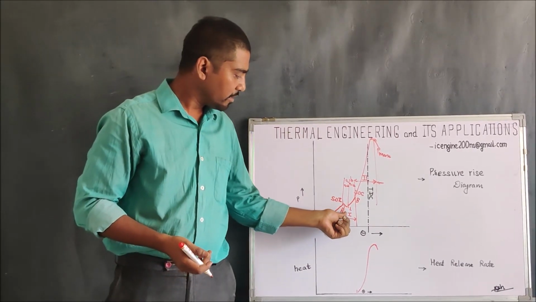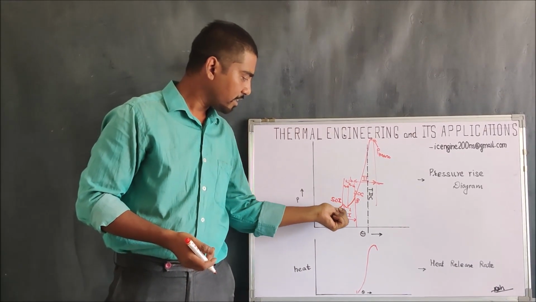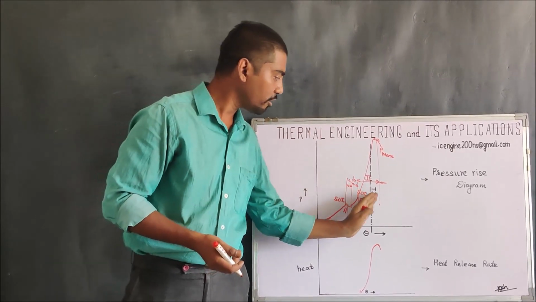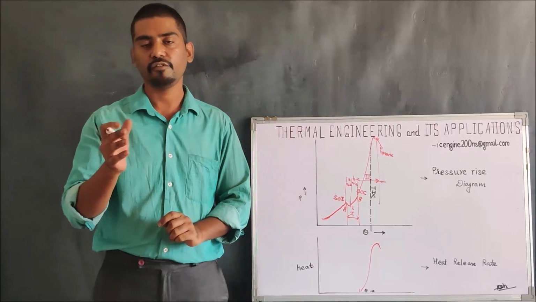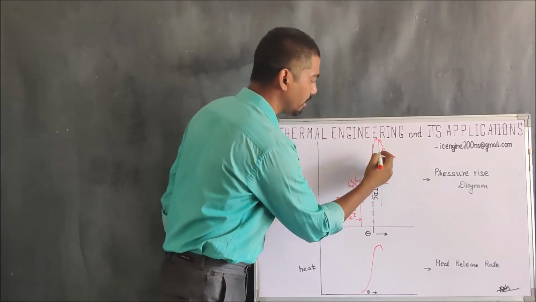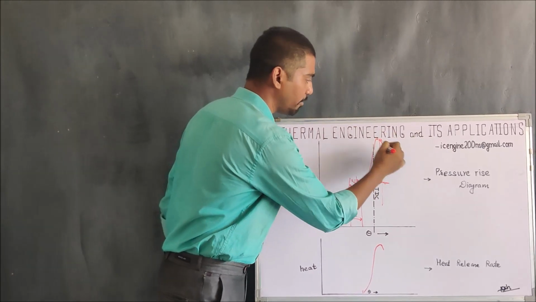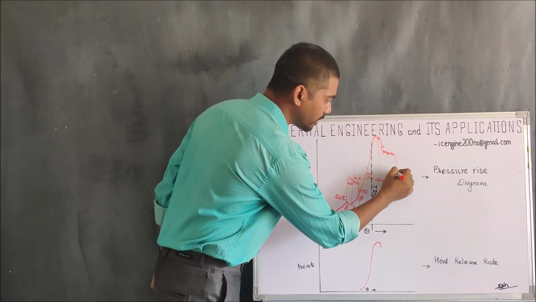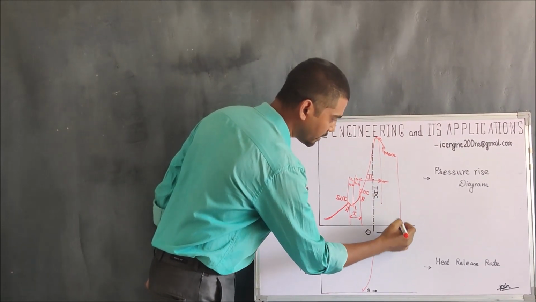Now in the CI engine, as we have already stated, A is the point where start of injection takes place, but we have not ended the fuel injection yet. This fuel injection is still continuing even after this pre-flame reaction. Somewhere over here the fuel injection will end.